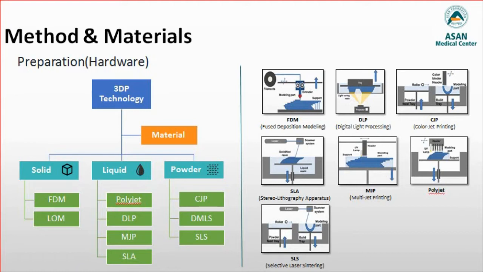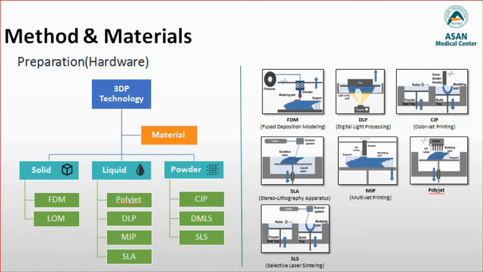A commonly used material for this procedure is acrylonitrile butadiene styrene. The 3D model is constructed by extruding the heated thermoplastic material onto a foam surface along a path indicated by the model data.